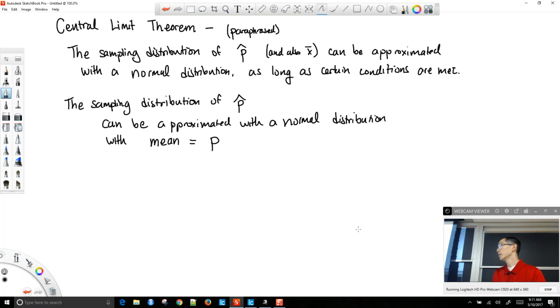So the center of our sampling distribution is equal to the proportion in the population. All right, and I think that makes sense, right? So the center of the sampling distribution is the population proportion.